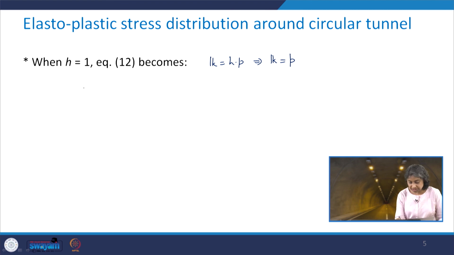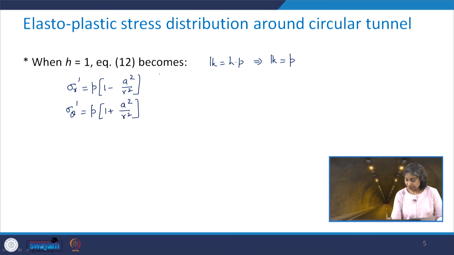So, what we will have is sigma r prime as p into 1 minus a square upon r square, and we will get sigma theta prime as p into 1 plus a square upon r square. I will mark these equations as equation number 16.